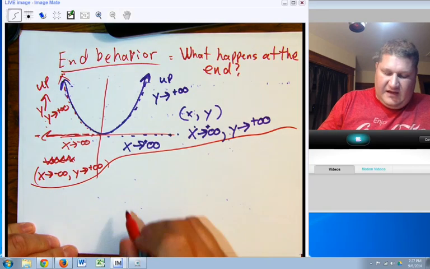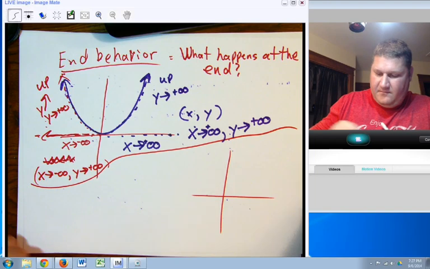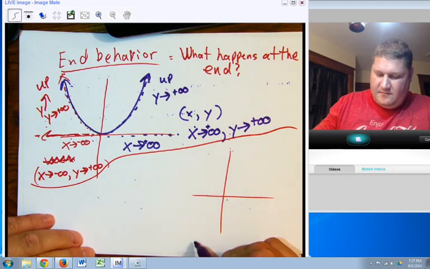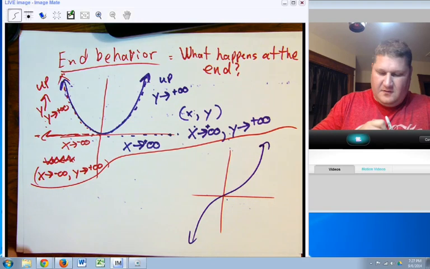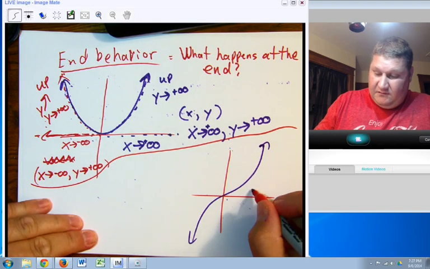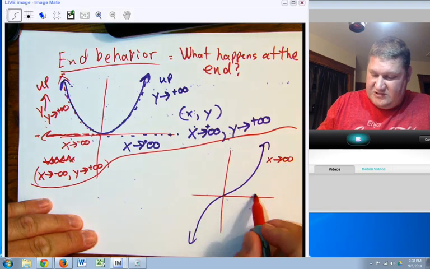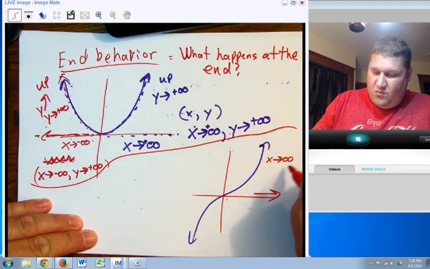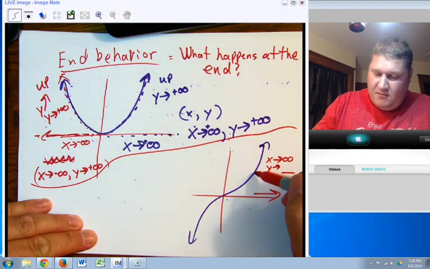In this case, people like this one. As x goes to positive infinity, as it goes this way, y goes what way, people?